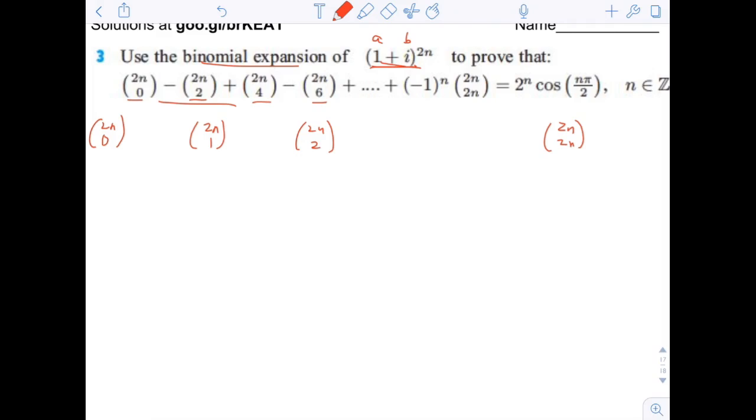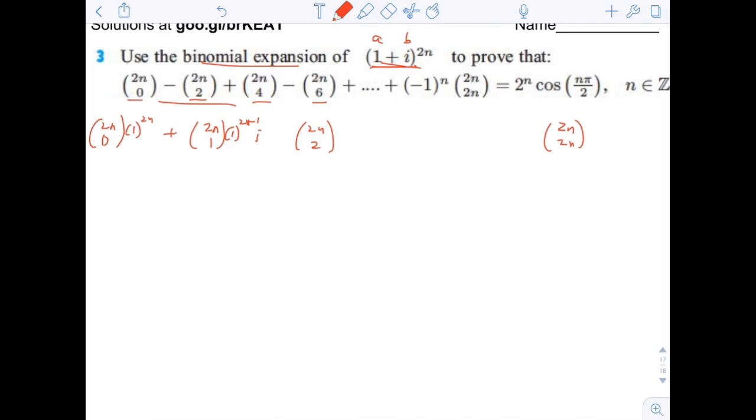So the first coefficient is going to be multiplied times a to the 2nth power, which would just be 1 to the 2nth power, which is just 1. And it wouldn't be multiplied times b at all because it would be b to the 0. And then the second one would be 1 to the 2n minus 1, multiplied times b to the first, so it would be multiplied times i.